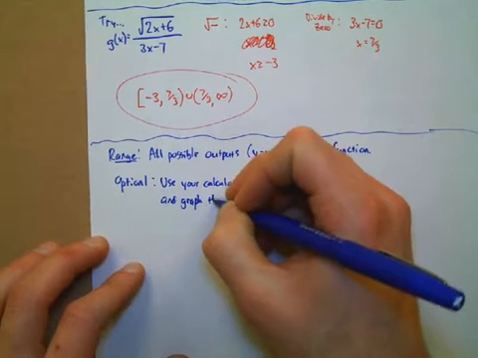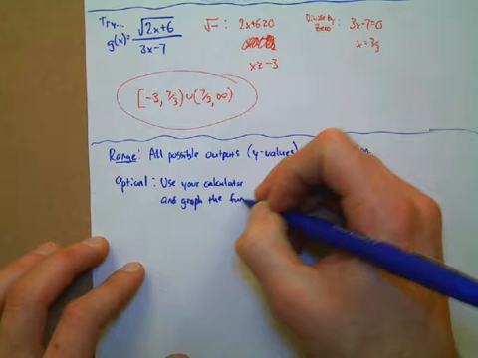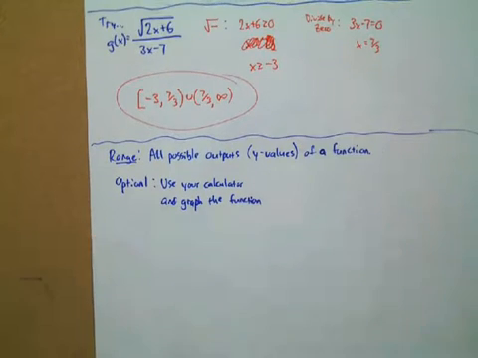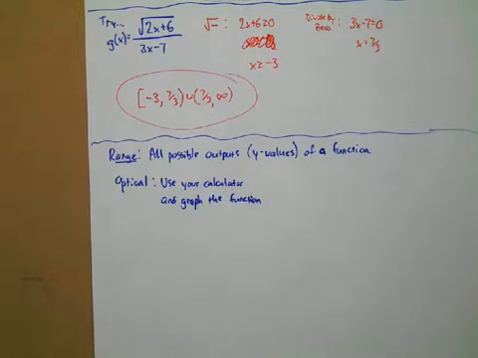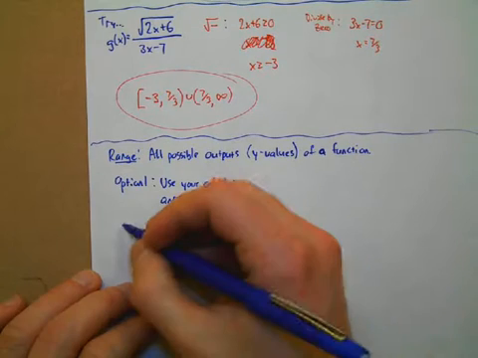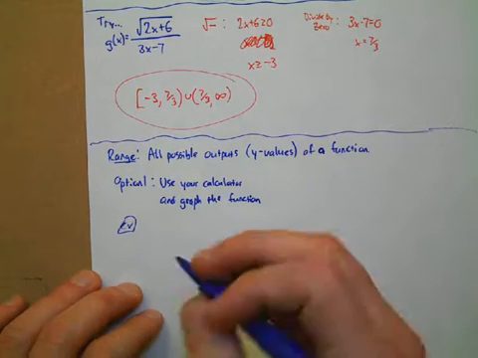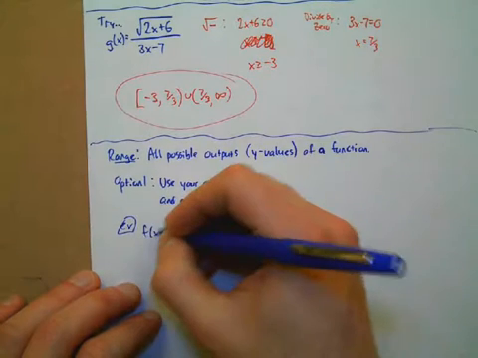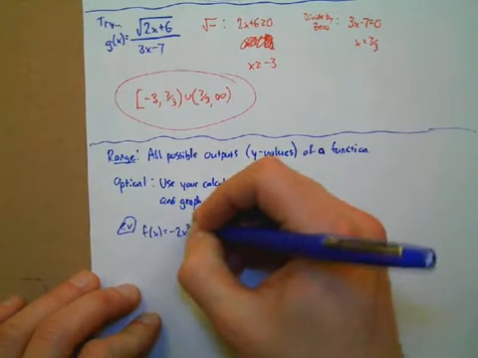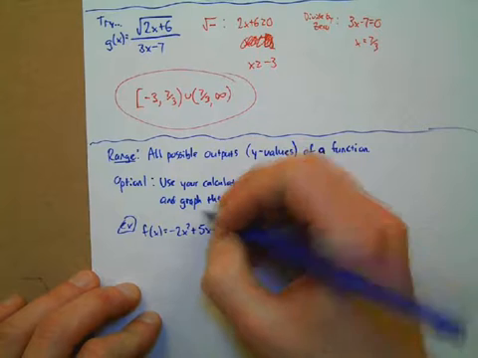So I'll just do a quick example of that. Let's just say, for example, we've got negative 2x squared plus 5x plus 7. So we can go to our graphing calculators and type this thing in.